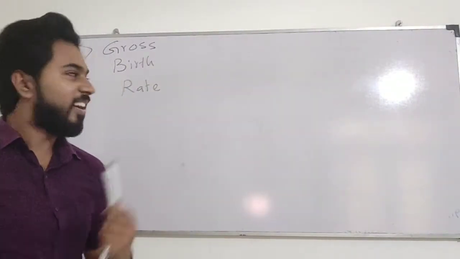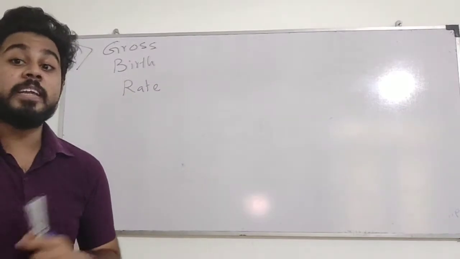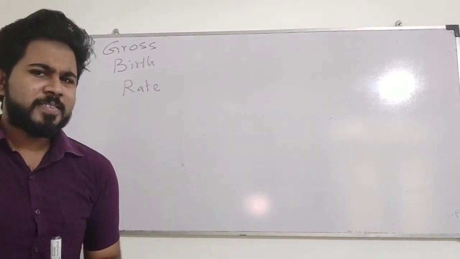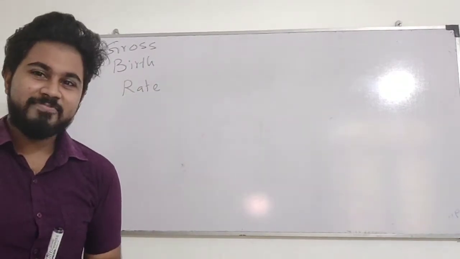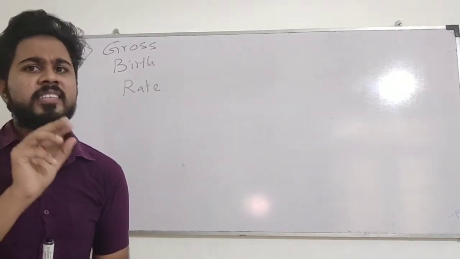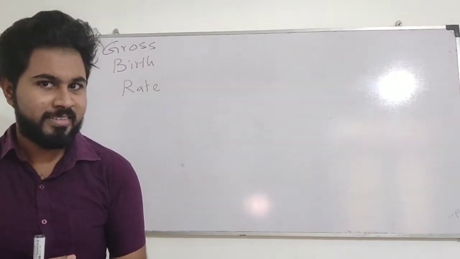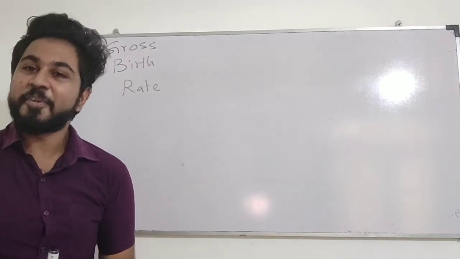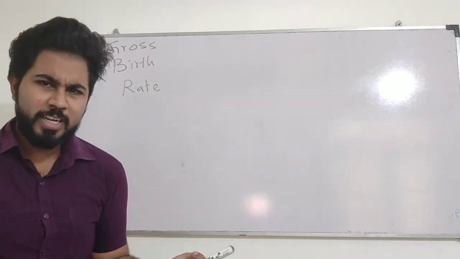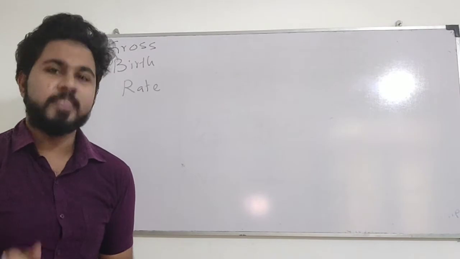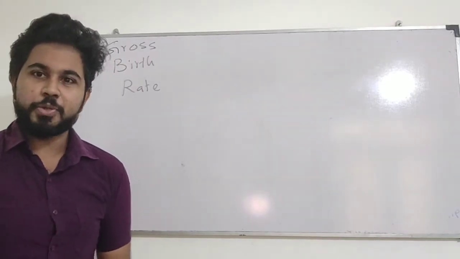This is a rate. Rate means a ratio. So what is the meaning of ratio exactly? That means if we divide something by something, then the answer is known as a ratio.